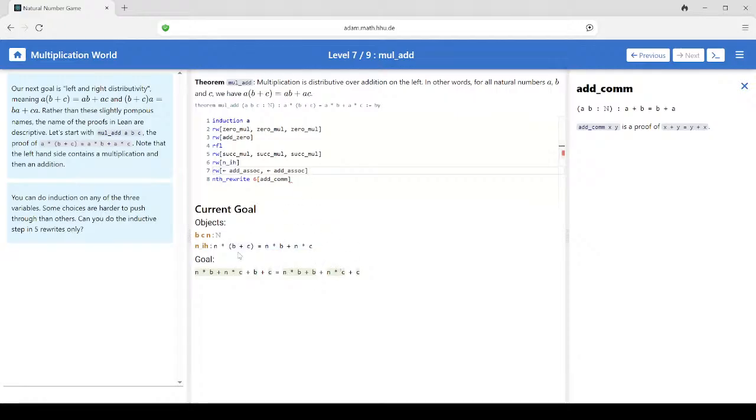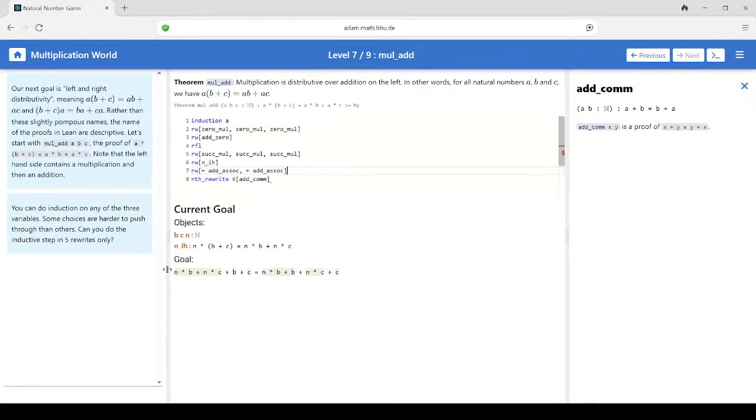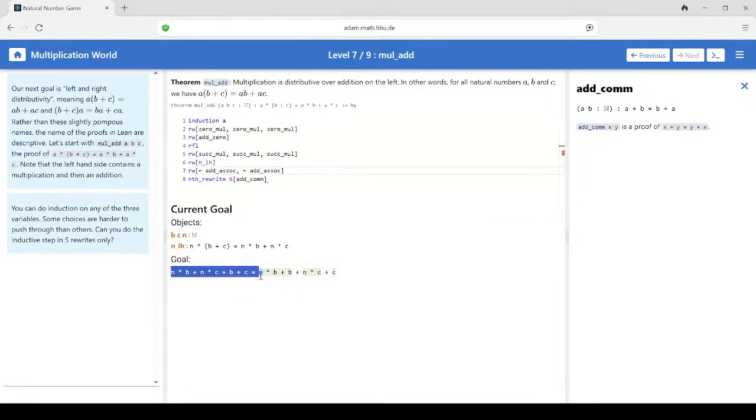So let's instead try and make this look like this instead of trying to make this look like this. I think that'll be easier. So we have n times b at the beginning in both cases.